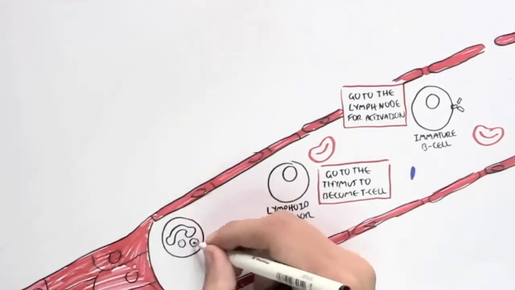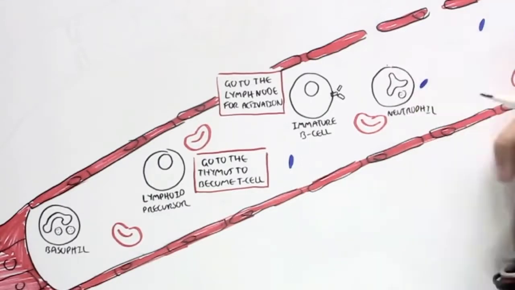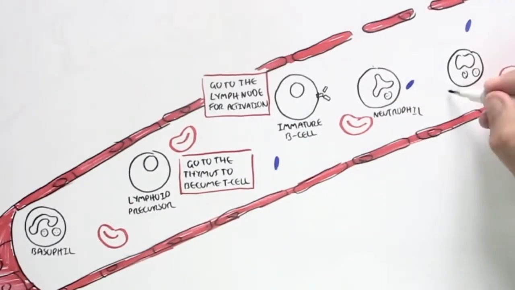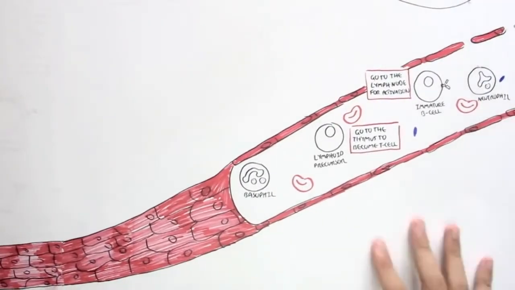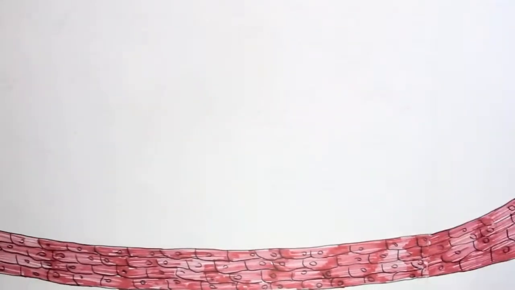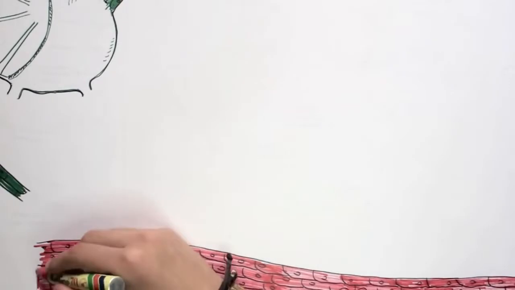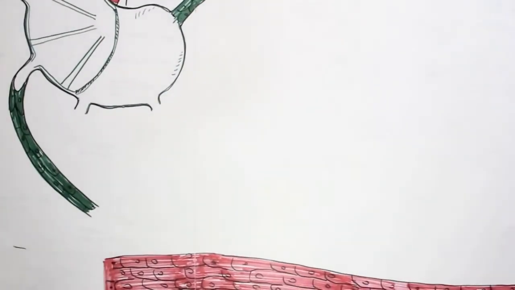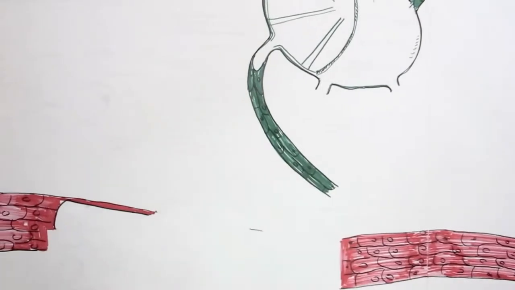Circulating around the bloodstream, we also have basophils, neutrophils, and eosinophils, which are the granulocytes, and they will just circulate around. So continuing on, these red blood cells, the inactive complement proteins, and the different types of leukocytes will keep circulating around the bloodstream.